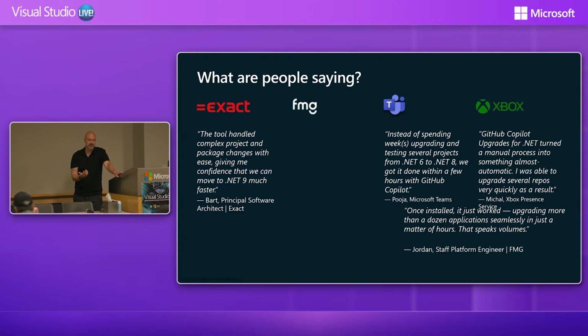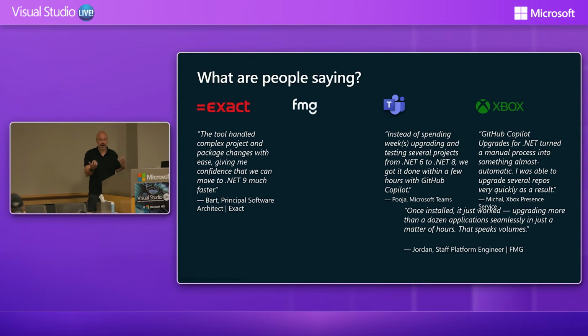And we do these stories on the .NET blog where we'll talk through, hey, here's a team that upgraded from .NET 6 to .NET 8 or 9, and they saw these huge improvements. And as a result of them doing it, they'll tell us, hey, this didn't work, fix it, and that's part of how .NET keeps getting better.